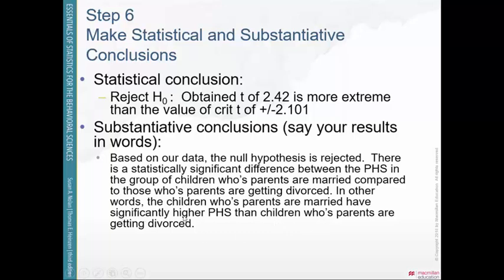We need to know that they're higher. Which group is higher than the other? If you just say significantly different, it doesn't really tell us anything. How do you know they're higher? Well, you could go back to the means. We know that the mean physical health score for the children whose parents were married was 79, and the mean for children whose parents were getting divorced was 68, so we know that's higher.